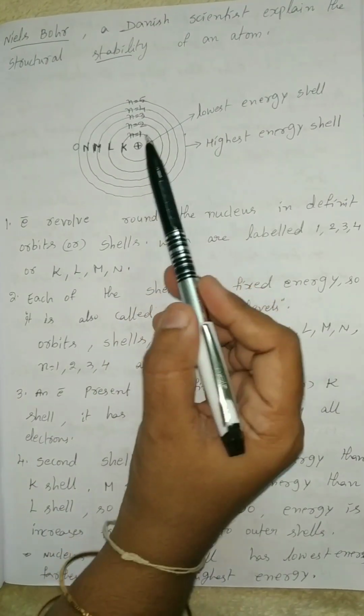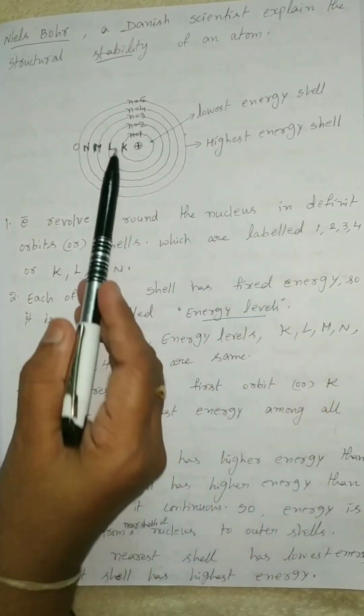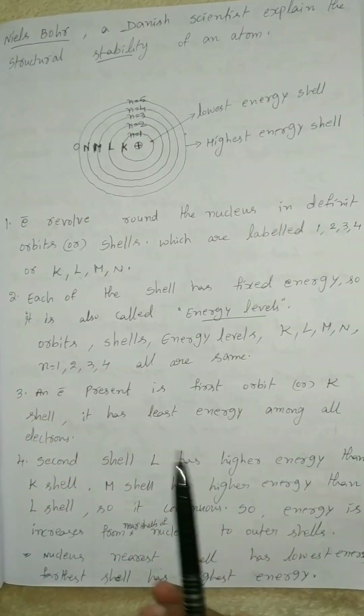Orbits, shells, energy levels, n equal to 1, 2, 3, 4 or K, L, M, N are all the same.